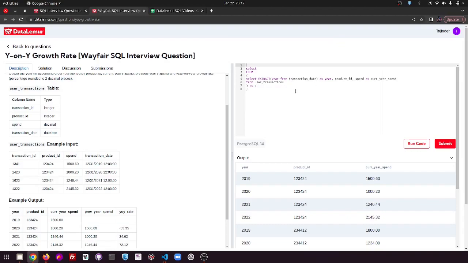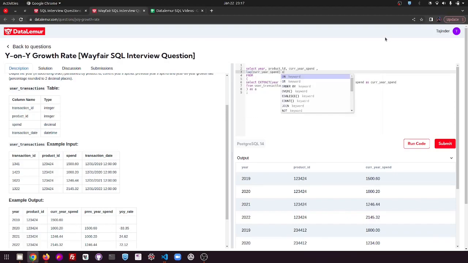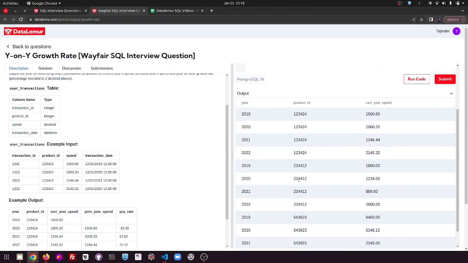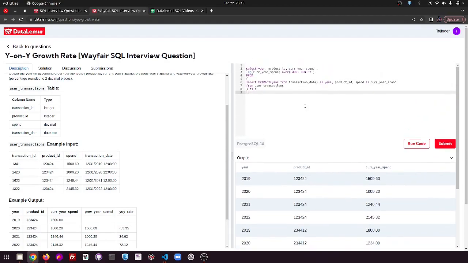Now, by using the lag function, we need to calculate the previous year spend also. So the year column name will be the same, then product ID, after that current year spend, but we need to calculate lag of current year spend over. I mentioned that we will use partition by here because in the example only one product ID is given, but when we see this data, you can see that multiple product IDs are given.